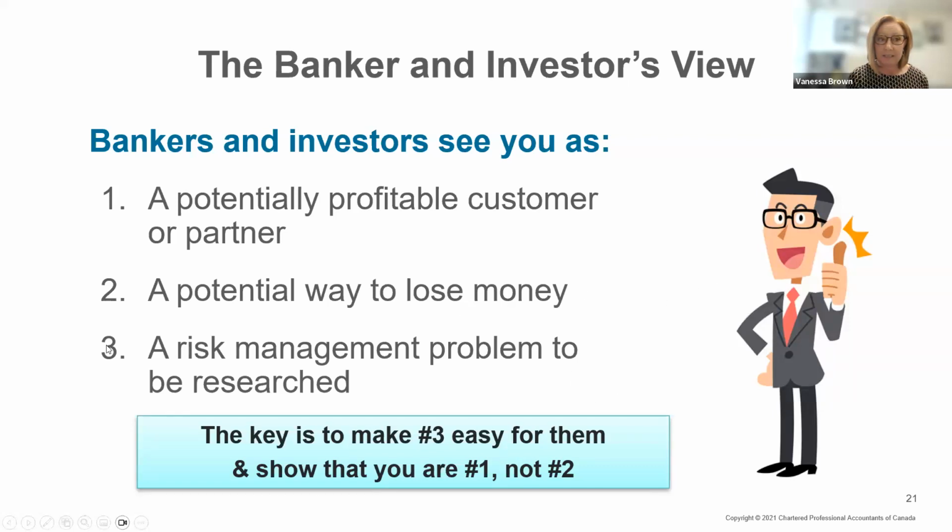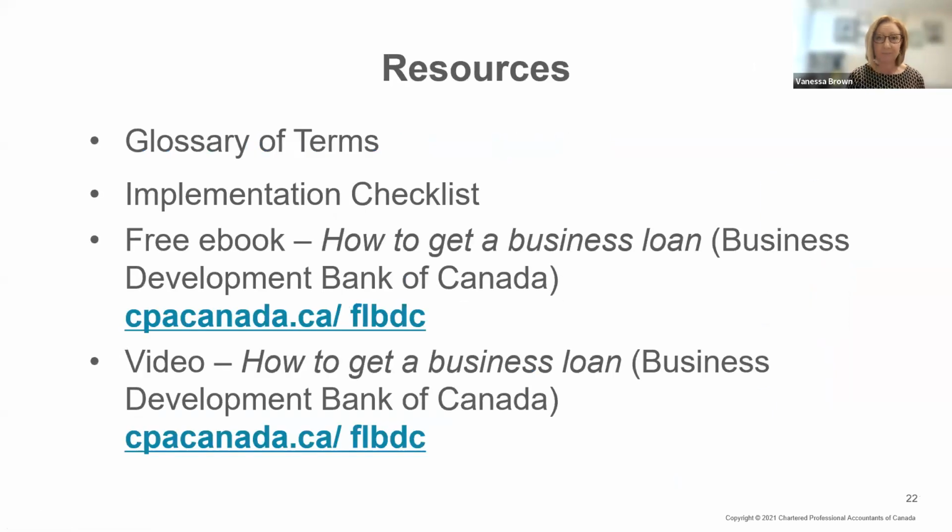And again, the key with all of the information that you're providing to them and how you're presenting everything and all of your business ideas, you're just proving that you are this profitable customer and partner, so that they don't have to go and do a whole bunch of extra research on you.